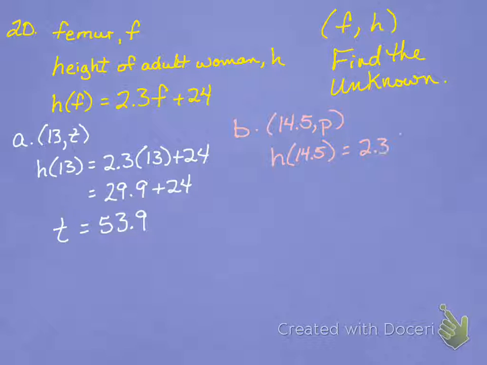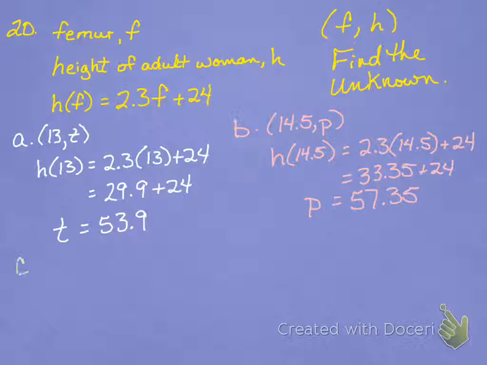So we get 2.3 times 14.5 plus 24. 2.3 times 14.5 is 33.35, plus 24 gives us a height P equal to 57.35.